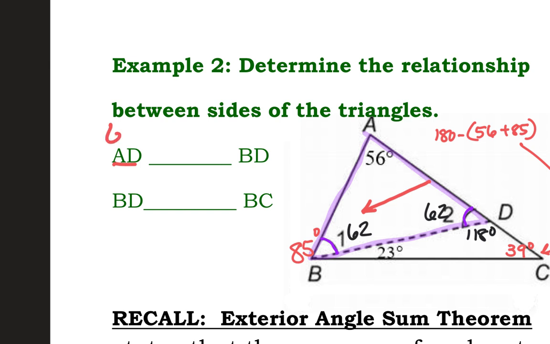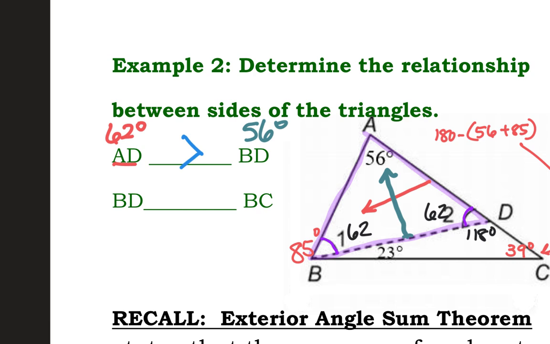So I want you to write 62 degrees right there. All right, then go to B to D. Go to B to D, and we're going to go across this side. So across this side, I have what angle? 56. And once you have that, just compare your numbers. Which one's bigger, 56 or 62? 62. So A to D has to be greater than B to D.